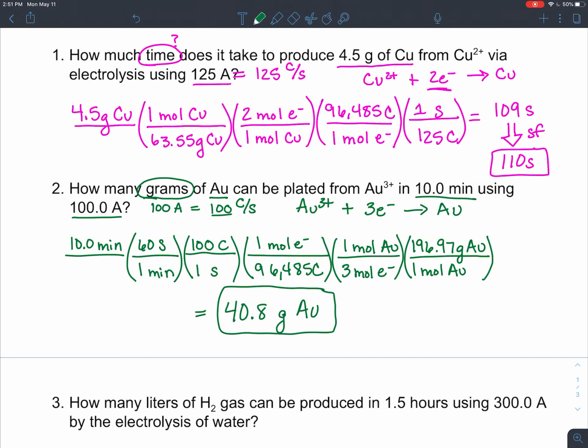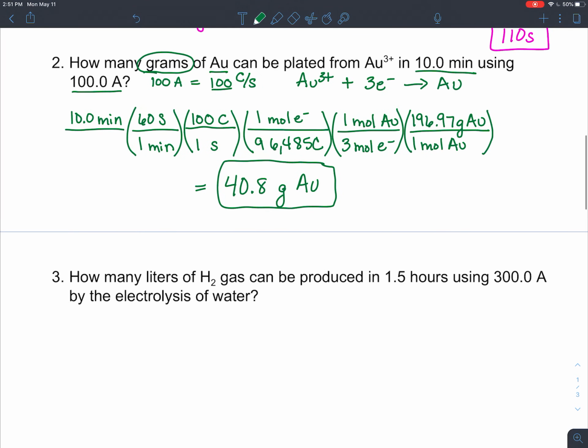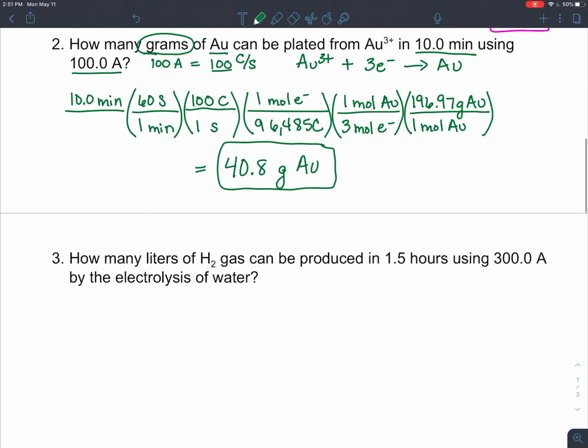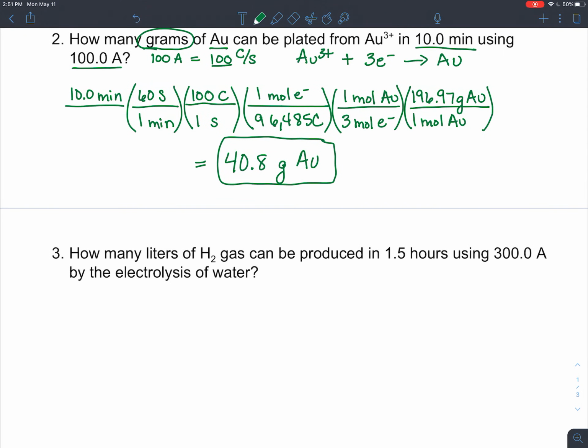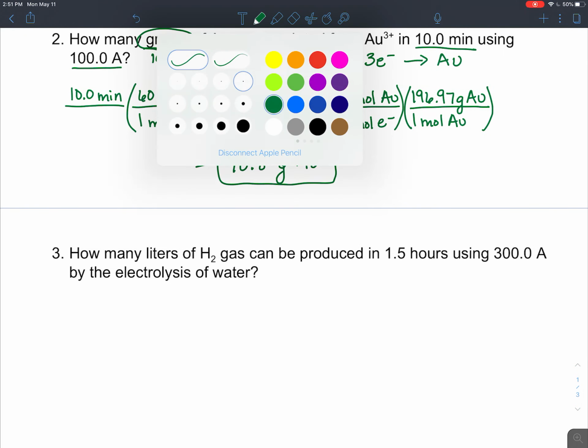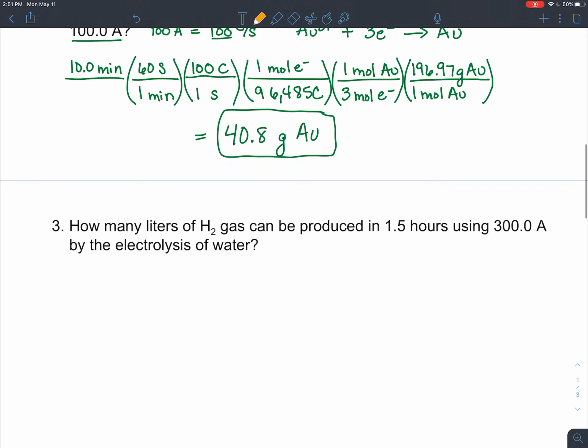Okay. So our last problem here is going to ask for gas volume. So we've been working with solids and solutions. In this particular case, we're going to work with liters. We want to know how many liters of H2.